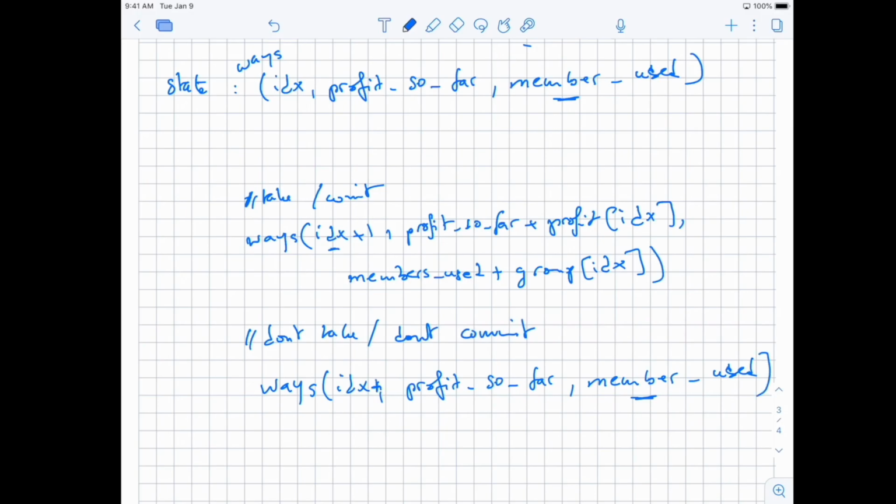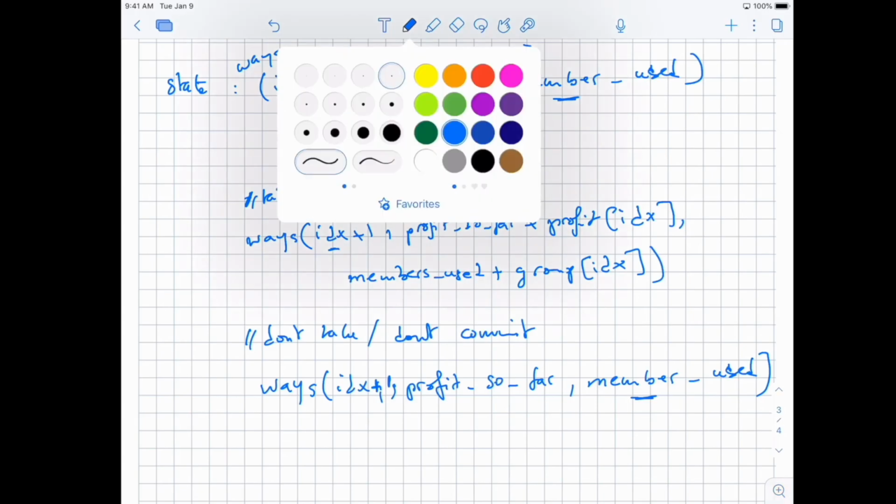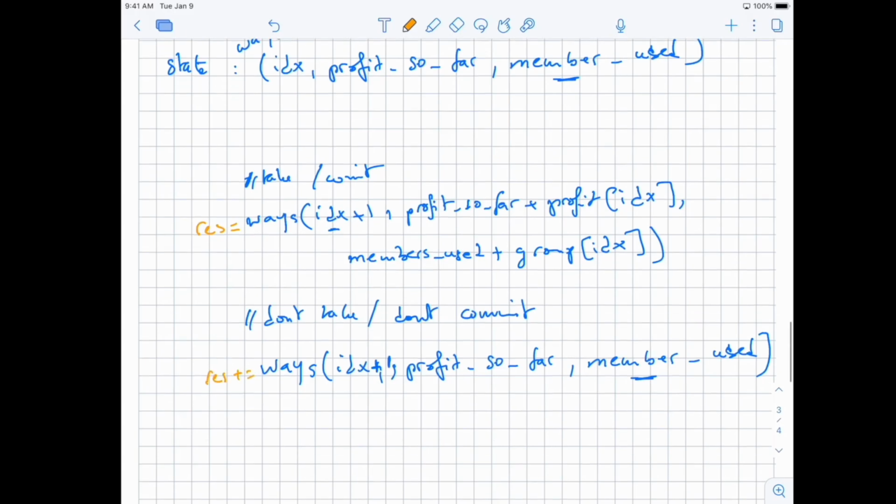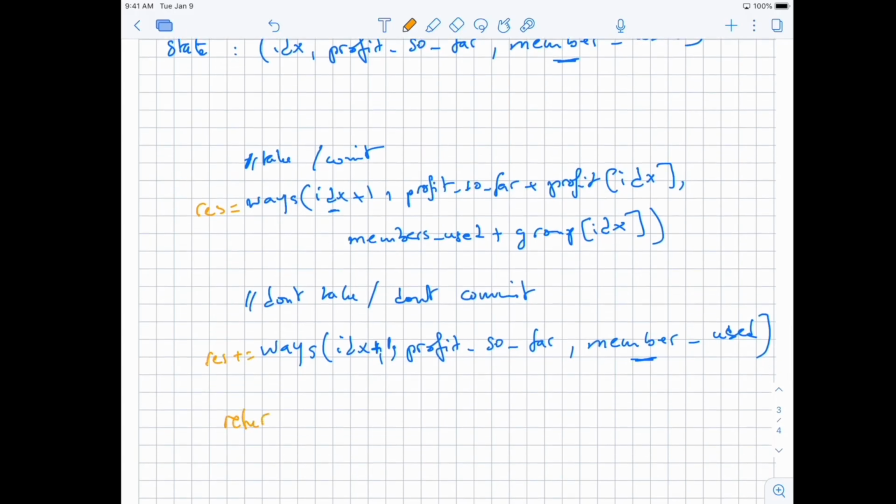And so this is, of course, going to be i plus 1 because we go to the next state. And what do we get from these? Well, for each state all the way to the end, we want to get if it was a valid scheme or not. If it was a valid scheme, we will add it to the number of ways. If it's not, we won't add it. So let's call this result, and we will add the number of ways from each call, and that's what we are going to return at the end.